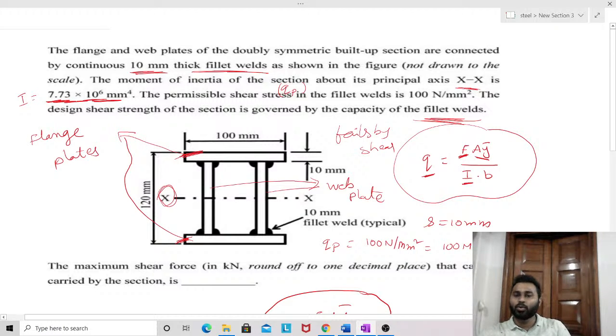Here we need to find A y bar, that is the moment of area above the level at which shear stress is to be calculated, and B is the width. So these two terms, A y bar and B, we need to calculate to get the answer for this question.